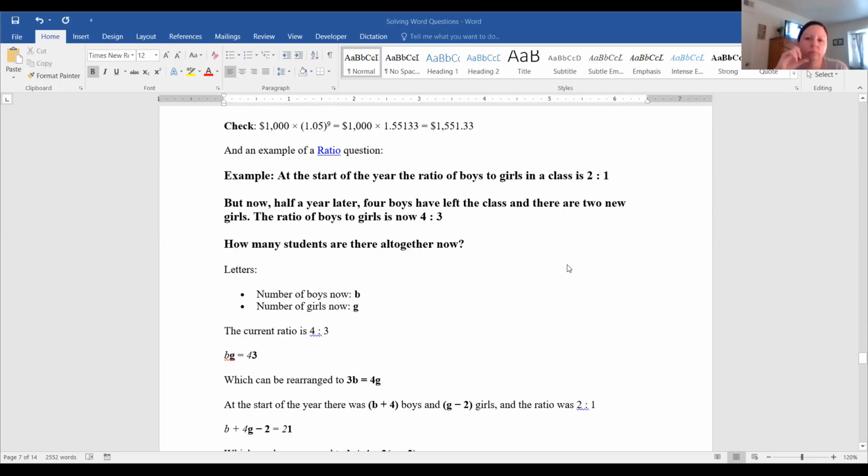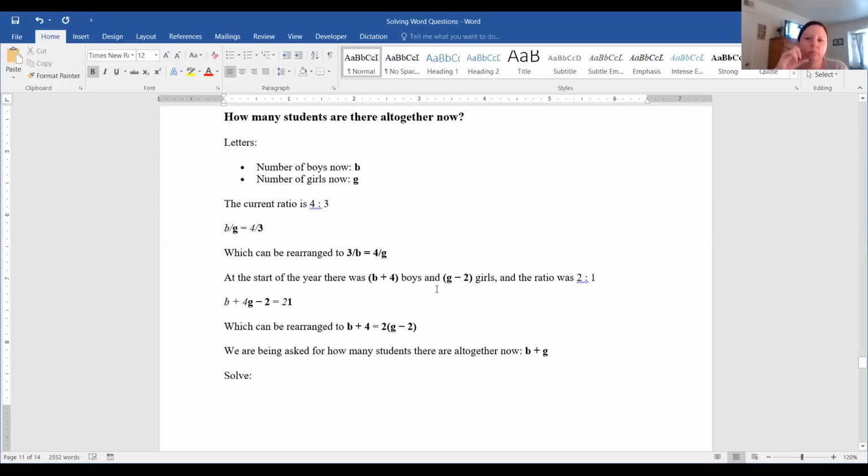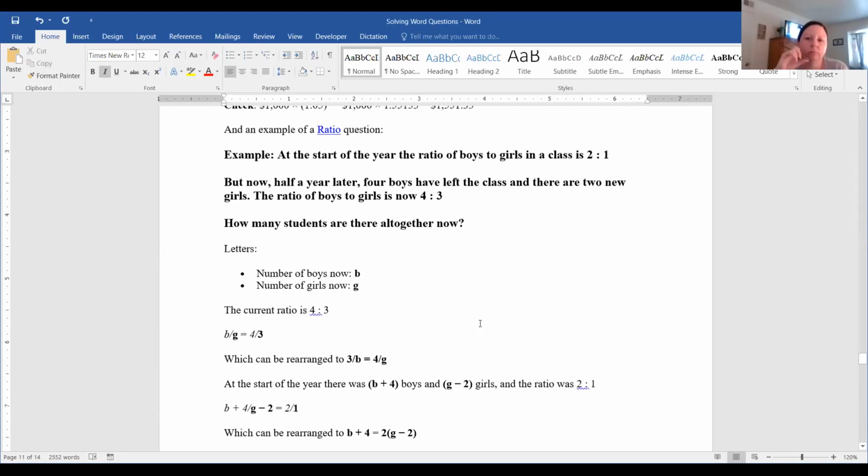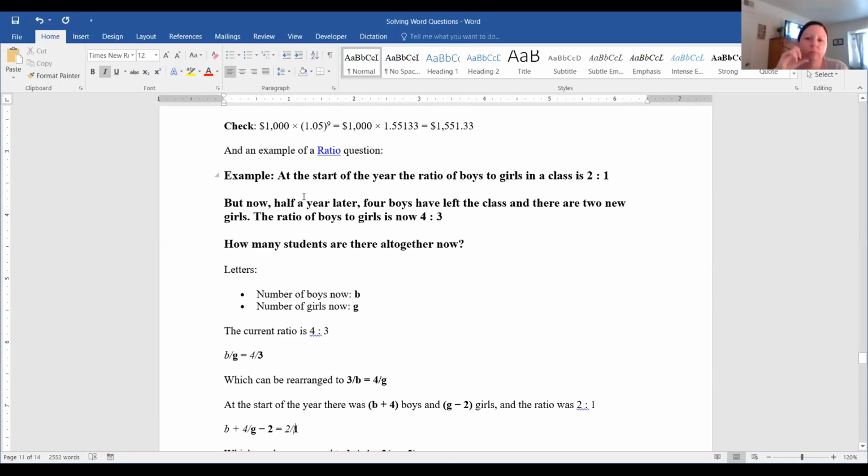Let's look at a ratio problem. At the start of the year, the ratio of boys to girls in a class is 2 to 1, meaning the number of boys was twice the number of girls.